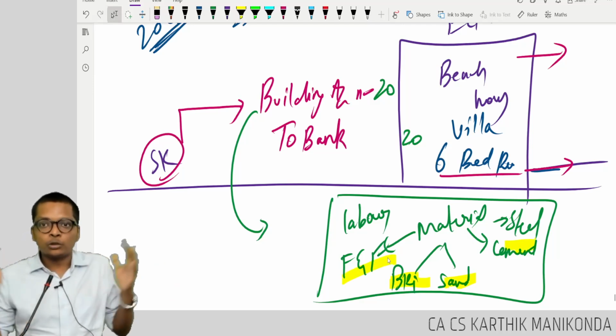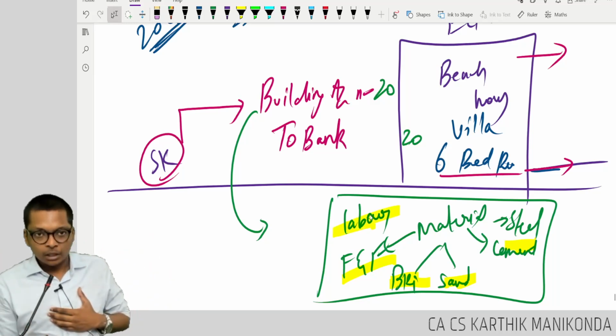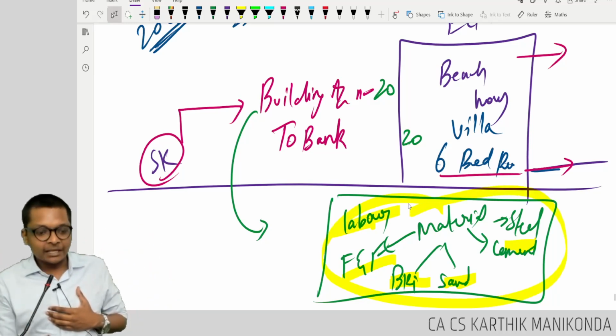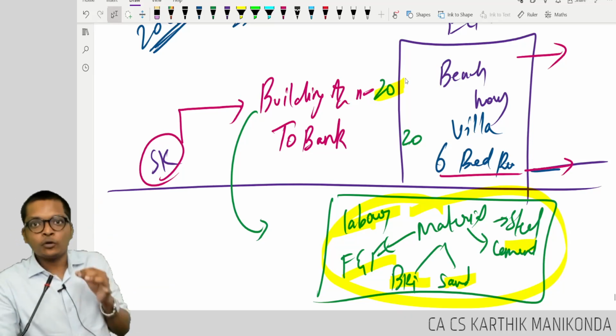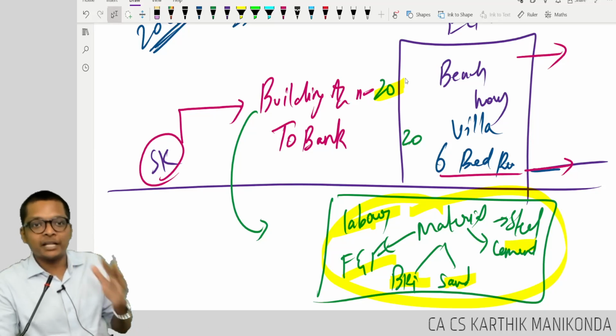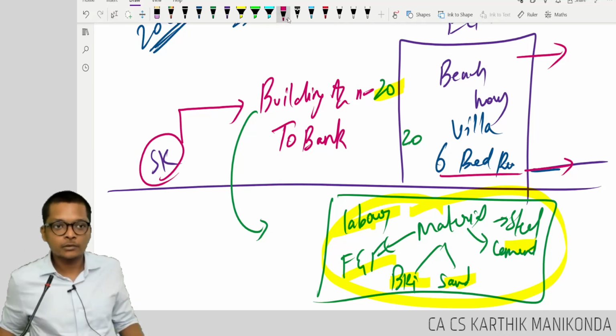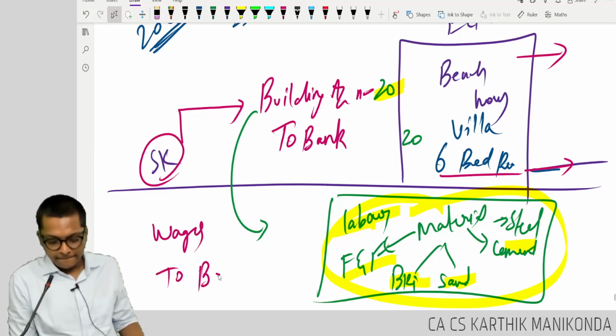Who's going to assemble this? Who's going to fix this? Who's going to construct this? Labor. So all this put together is only 20 crores. Normally, if you are paying wages to employees, wages to my laborer, what is the entry? Wages to bank.